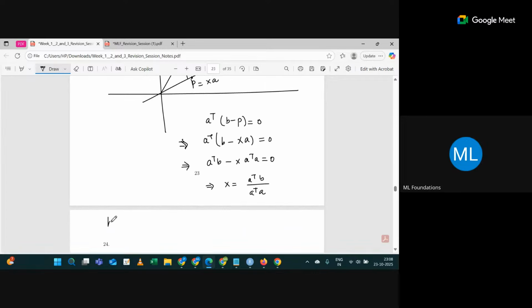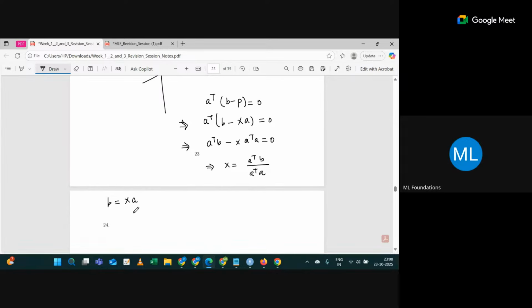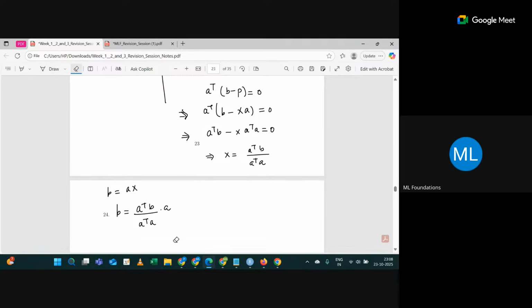So let's say this is small p. And what is this p? p is nothing but X into A, or A into X. The value of X here is A transpose B divided by A transpose A. So p is A transpose B divided by A transpose A, times A. To write it in proper form, can I write A into A transpose divided by A transpose A, into B?